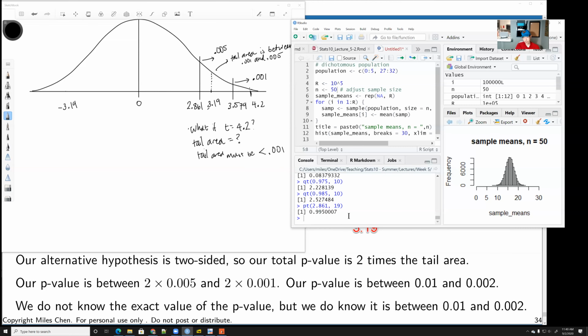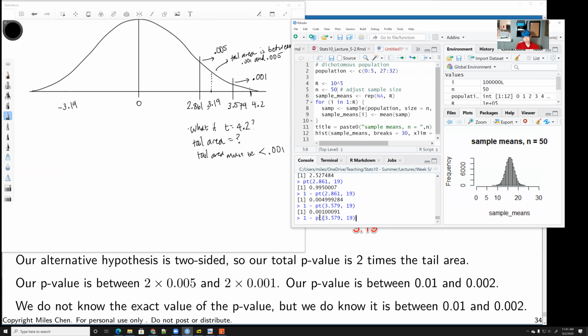You can get the area to the right by doing 1 minus pt of 2.861 with 19 degrees of freedom, and you get basically 0.005. And 1 minus pt of 3.579 gives pretty much 0.001.